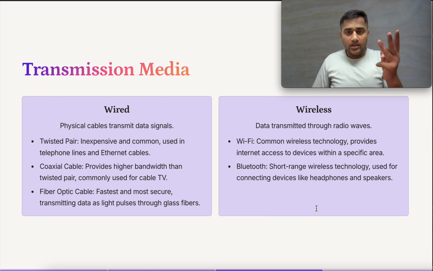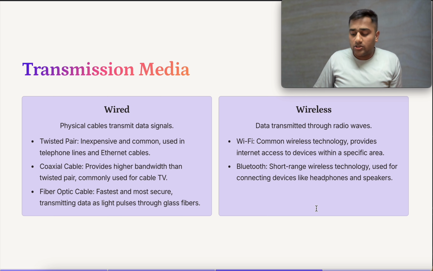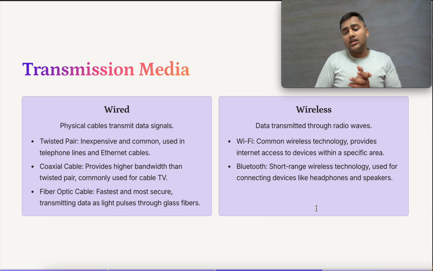There are three components of computer network, which I already said: nodes, media, and services. Now nodes are done, and we are proceeding towards media. Media is just the link, the way the data proceeds towards its destination.